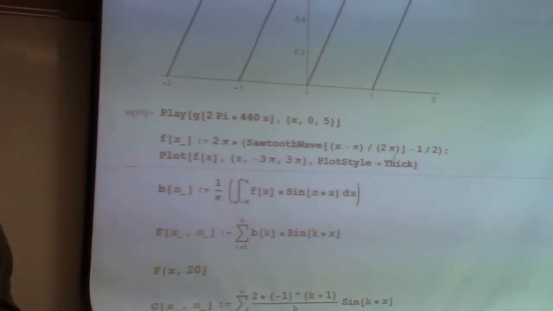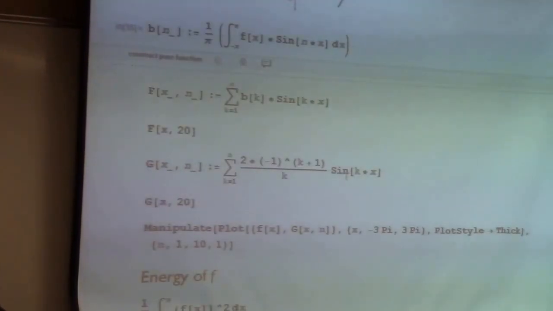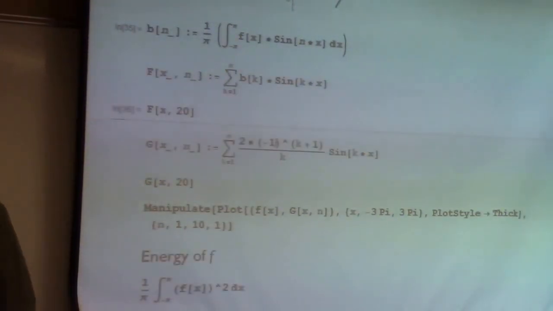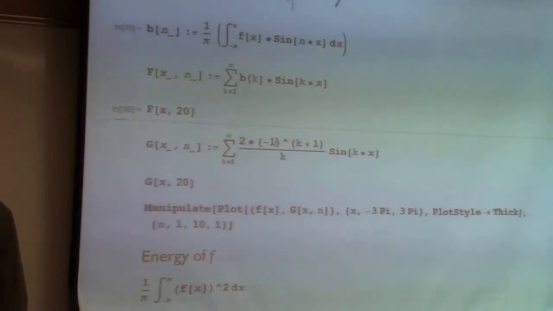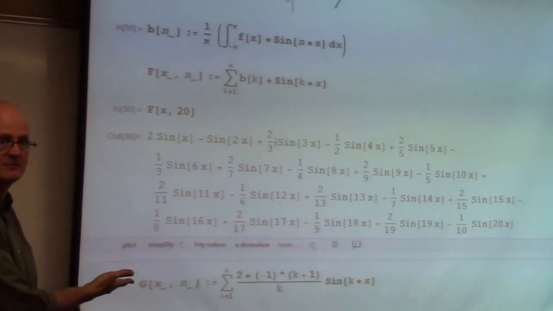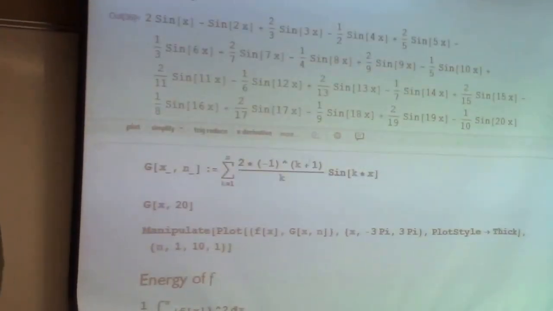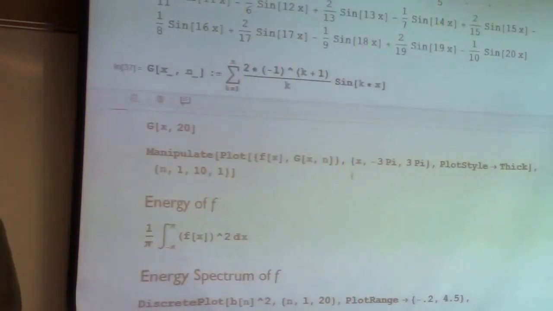What do the coefficients for the sawtooth wave look like? What's the 20th degree Taylor polynomial? It involves some even coefficients of x as well for this one. Here's what the graph looks like.